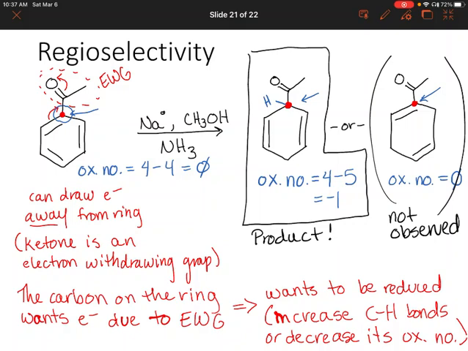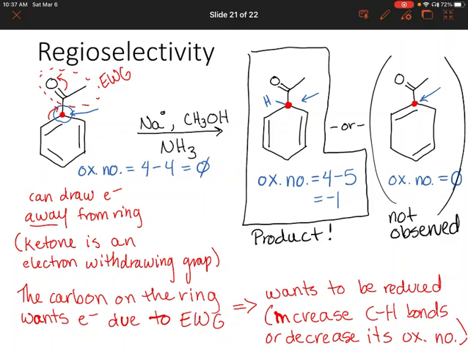So we needed a product where the carbon had a lower oxidation number than it started with, or gained a hydrogen. And we saw that with our product, we did both. So that's how we can determine which product will preferentially form.